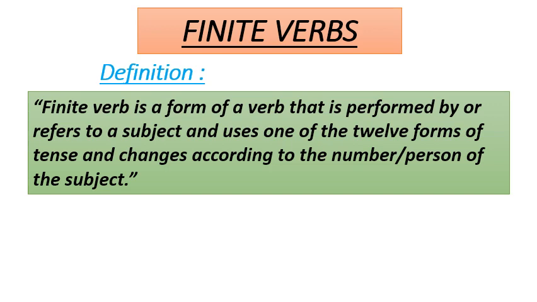In a simple way, we can say that a finite verb is a verb that has a subject and shows tense. It means finite verbs change according to the number or person of the subject.